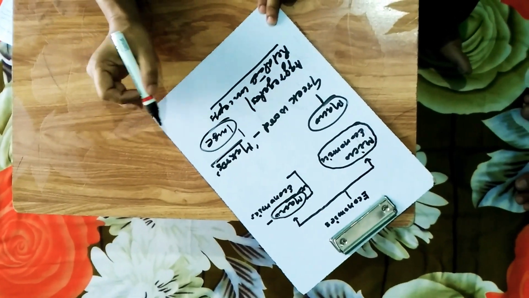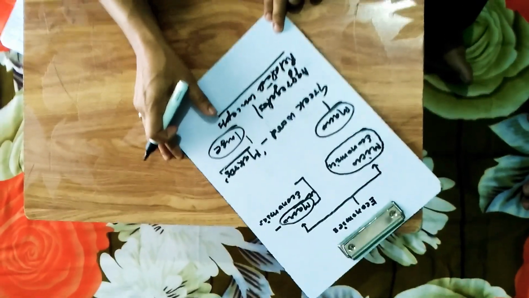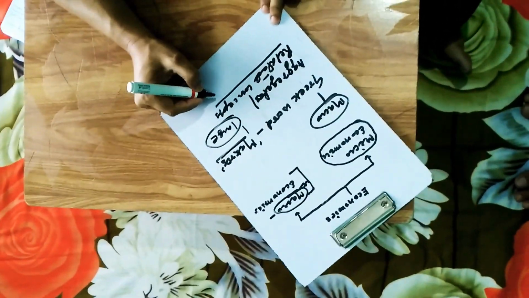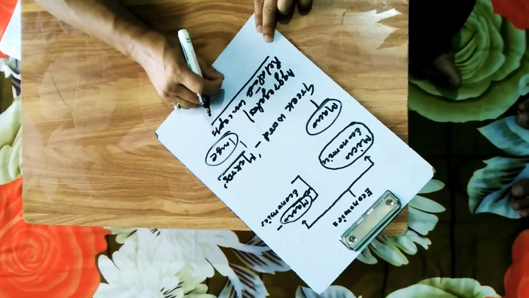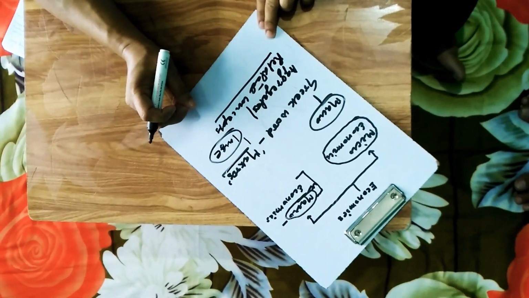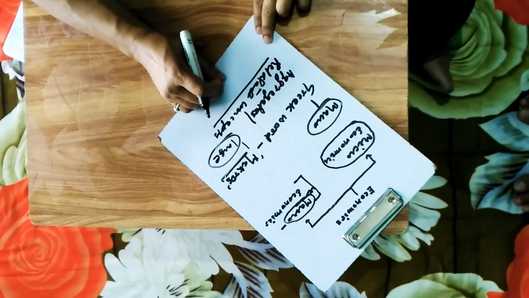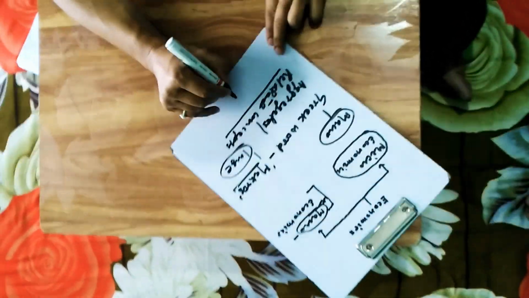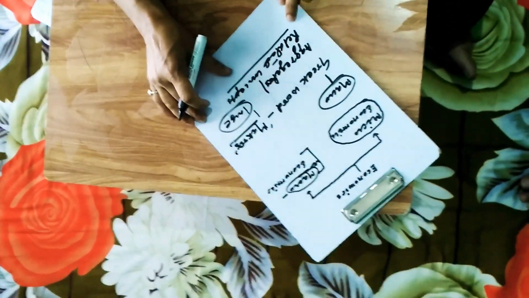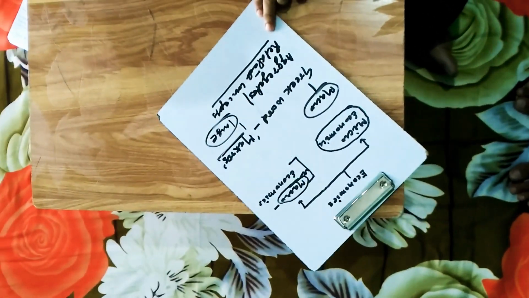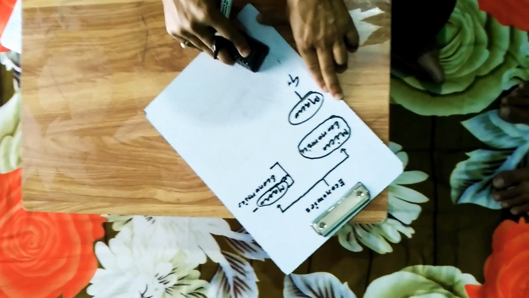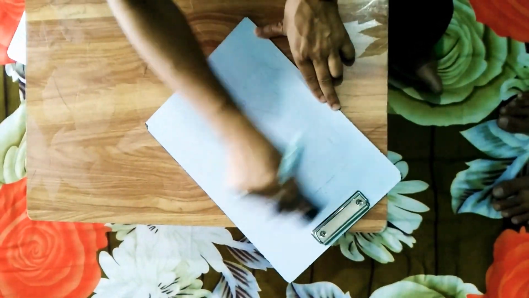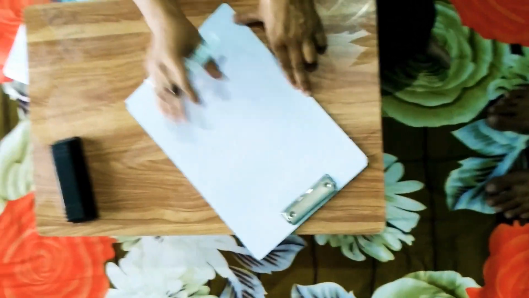Similarly, in this part of economics we study aggregate supply, then income determination and similar other aspects. These all are called macroeconomic variables.